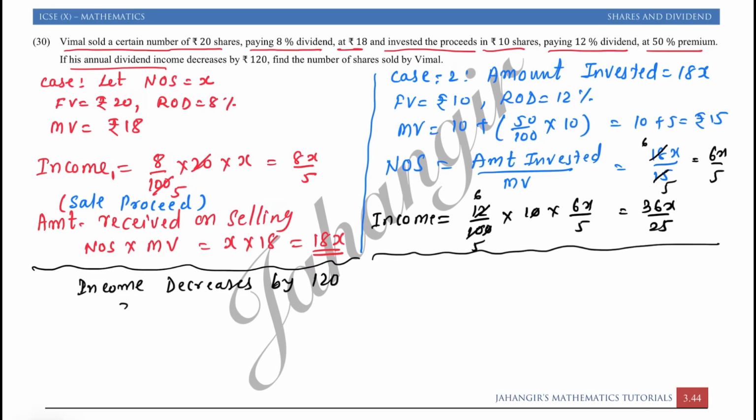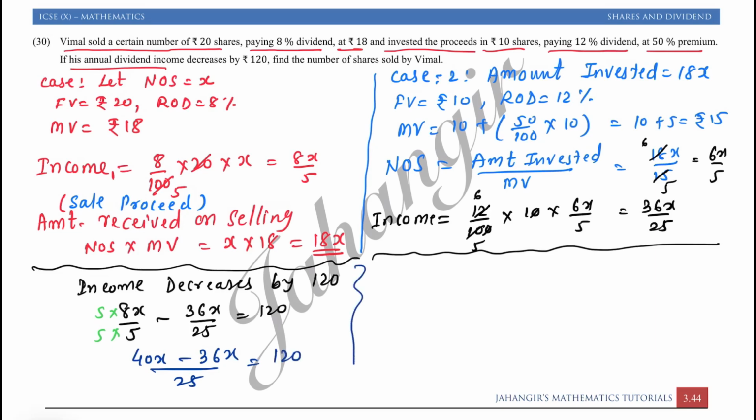So I will write the first case's income, that is 8x by 5 minus 36x by 25, which is equal to 120. We will take LCM. We will multiply this by 5 so that my denominator becomes 25 in both fractions. 8 5s are 40x minus 36x upon 25 is equal to 120. So here I will get 4x by 25 is equal to 120.